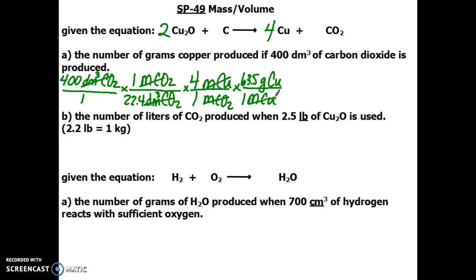I have 400 divided by 22.4 times 4 times 63.5, and it comes out to 4,535.7. And that should be grams of Cu.